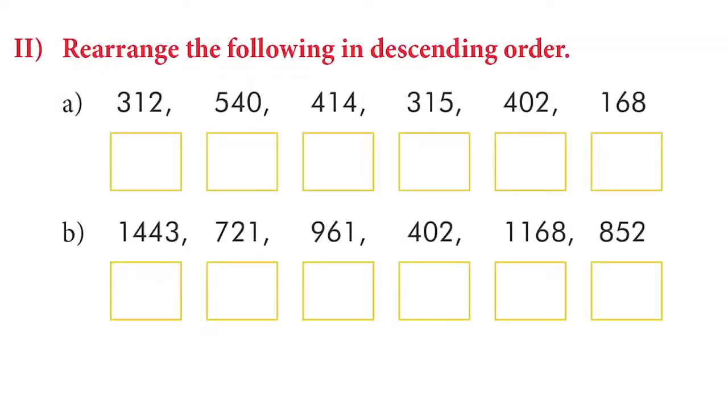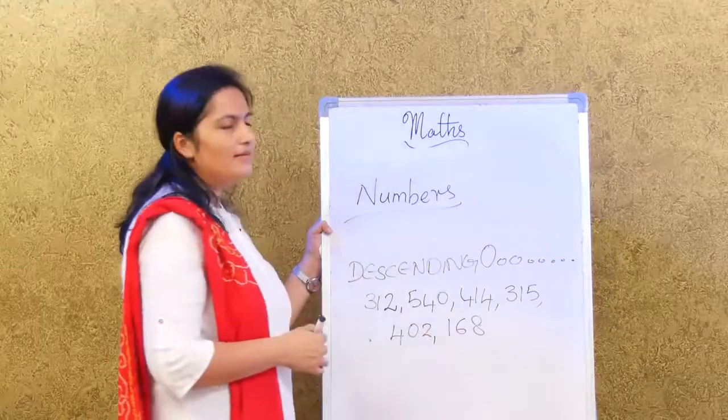Descending. Let us take an example from your book, page number 65. The numbers given are 312, 540, 414, 315, 402 and 168, I am sorry. So, these are our sums.